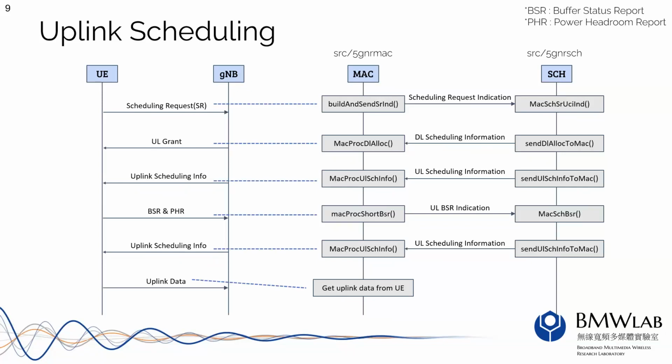When the UE transmits the scheduling request to the gNB, and then to the MAC layer, it will build and send the scheduling request indication to the scheduler. And the scheduler will do the things below, like the downlink scheduling information. And these are all defined in the MAC and scheduler API I just mentioned before in the O-RAN working group at AAD.